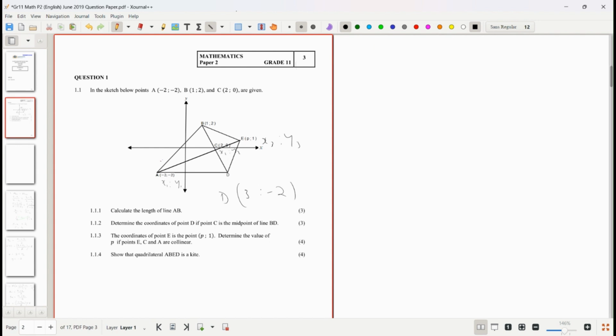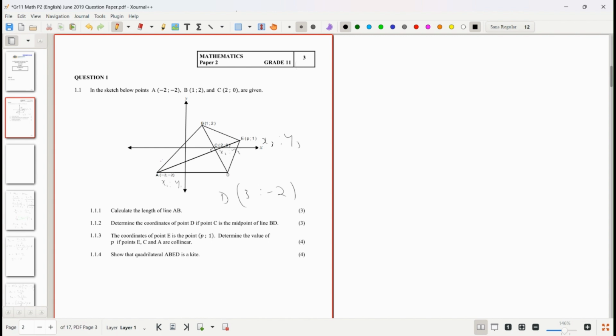So the diagonals, AE and BE, are perpendicular. Let me try to draw here. For them to be perpendicular, it means they intersect here at 90 degrees.